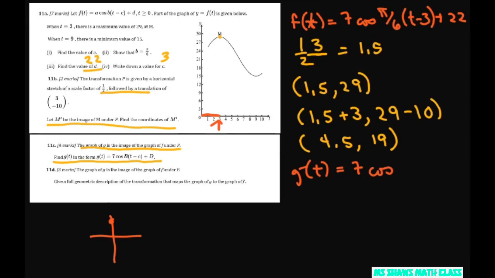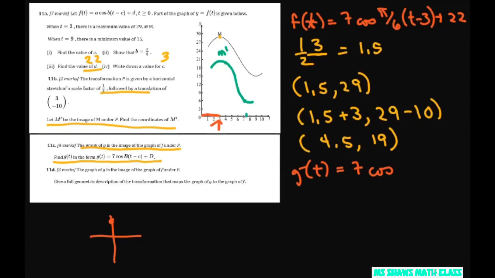So your M was 4.5, comma 19. So 4.5, comma 19 is here. So that's your M prime. And your N prime is going to be 7.5, comma 5. So right about there. So the graph got translated like this.